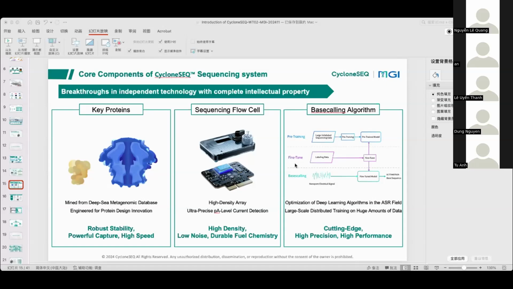Because as you know, if we really want to apply CycloneSEQ in clinical applications, we need the machine to have IVD, as well as the reagents. That is where my question comes from. Yes, an IVD license.